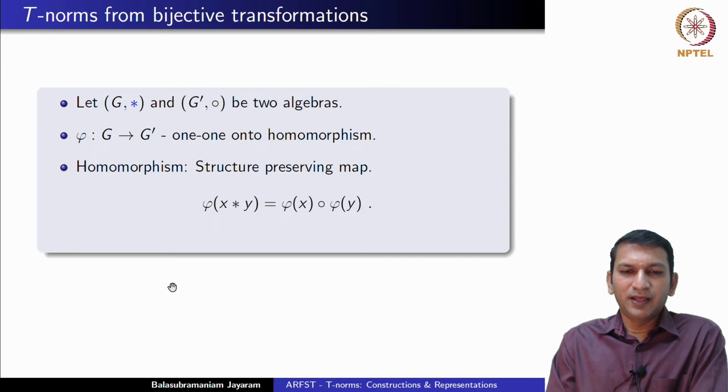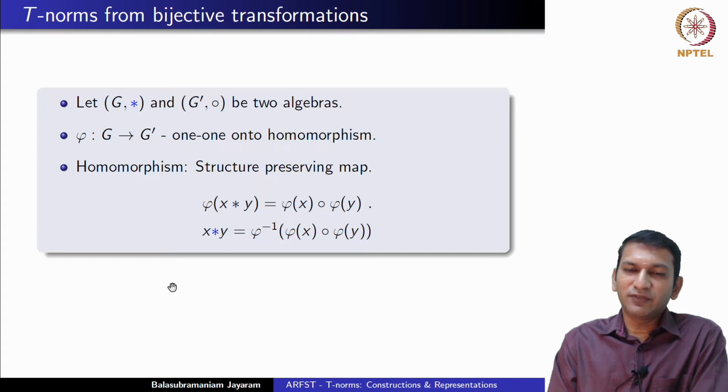Notice one thing, that since phi is one-to-one onto, which is bijection, it is invertible, and hence we could actually obtain the operation star as follows. x star y is phi inverse of phi x circle phi y. Note that initially we began with two algebras, G star and G dash circle, and a homomorphism.